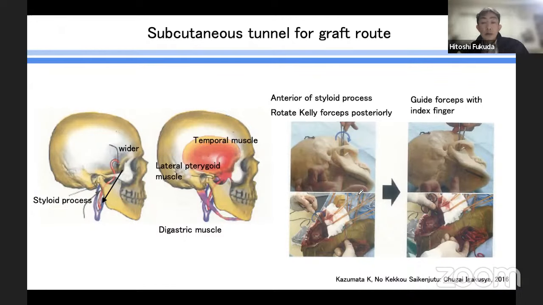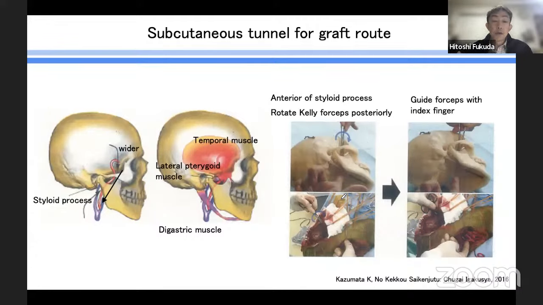And actually, when we are making the graft route, we always use the index finger of one hand and forceps in the other hand.